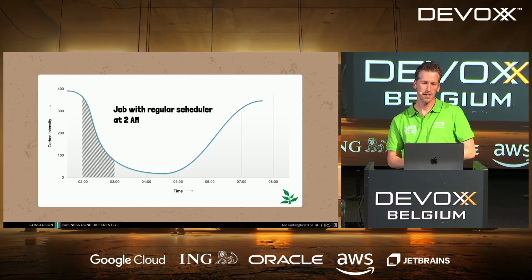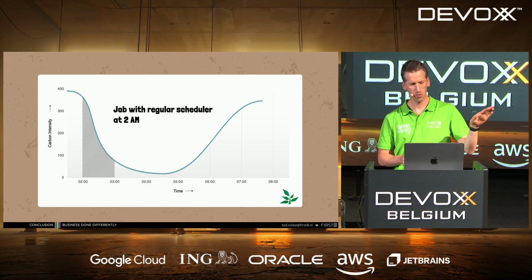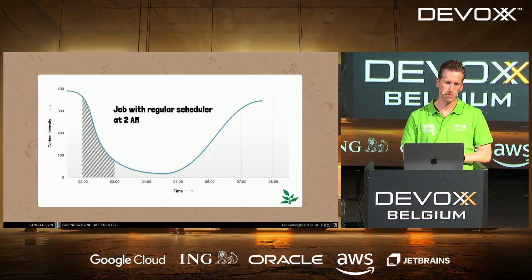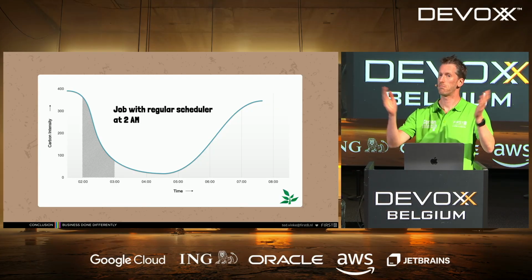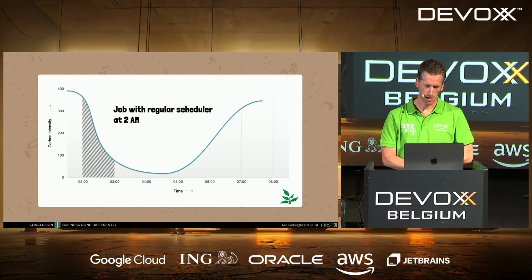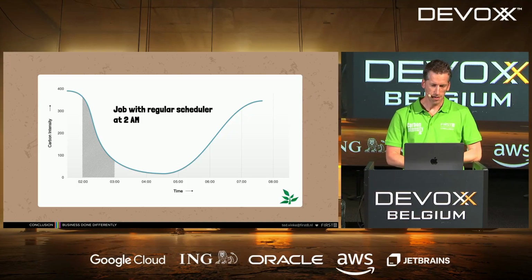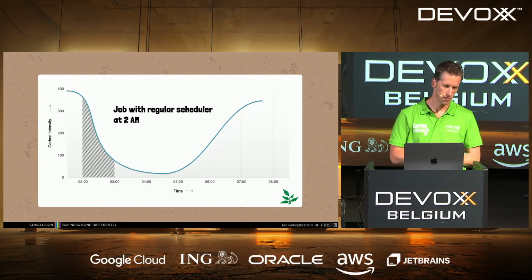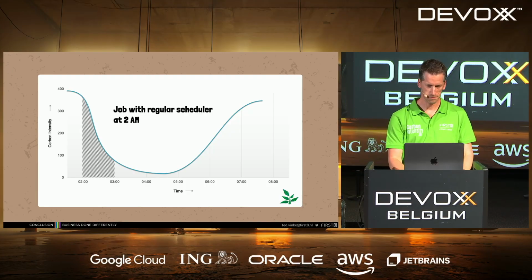To make it visual, here's the graph of a random location on Earth with the amount of carbon intensity on the grid throughout the night. And this is the job with the regular fixed 2 a.m. plan. The nightly job will always run at that same time. And you see here that between 2 and 3 a.m. the carbon intensity is pretty high compared to later in the night.